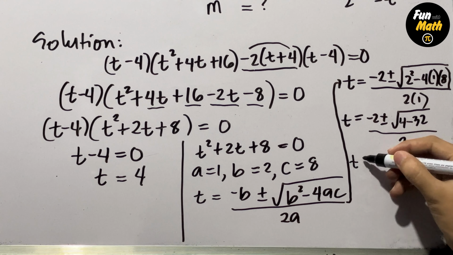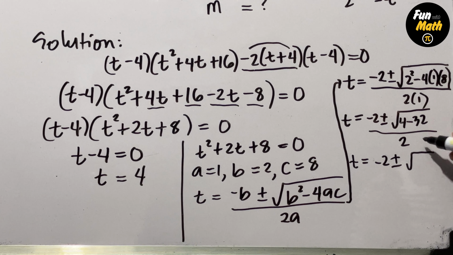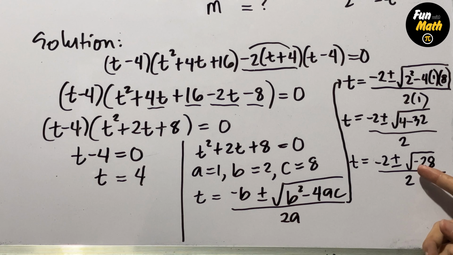Now this is t is equal to negative 2, positive negative square root of 4 minus 32, that's negative 28, all over 2. Then for square root of negative 28, we can split this into 4 times 7 times negative 1.